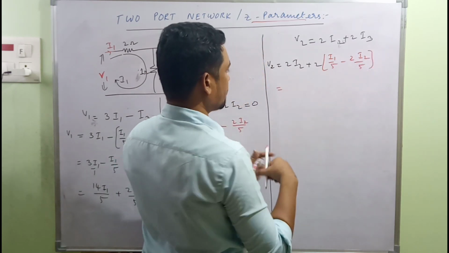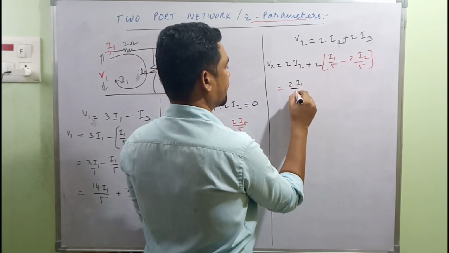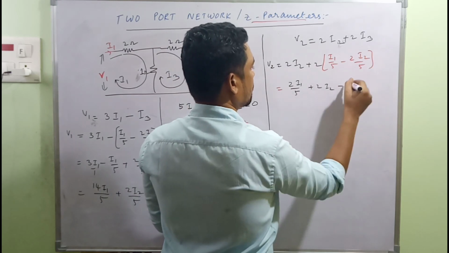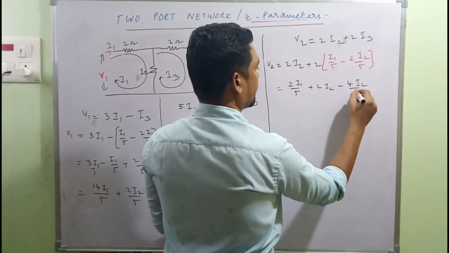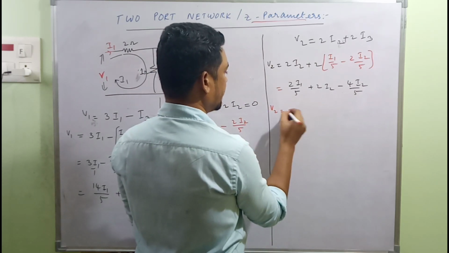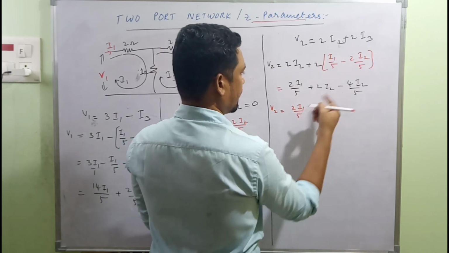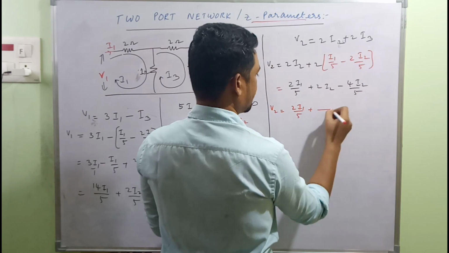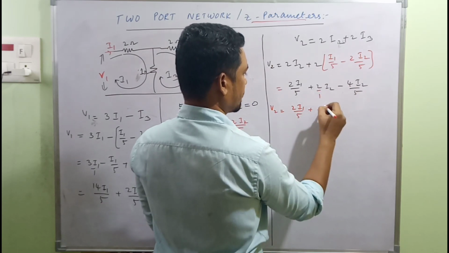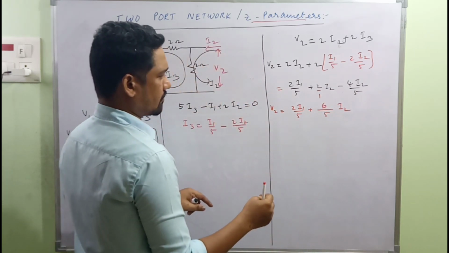So taking this out, it will be 2 times I1 upon 5 plus 2 times I2 minus 4 times I2 upon 5, guys. So the final V2 will be 2 times I1 upon 5 plus, over here, 10 minus 4, that's 6 times I2 upon 5. Guys, this is the final expression.